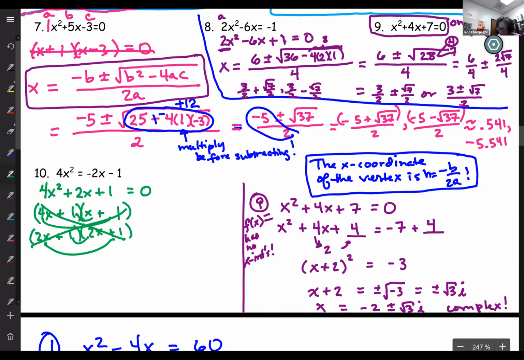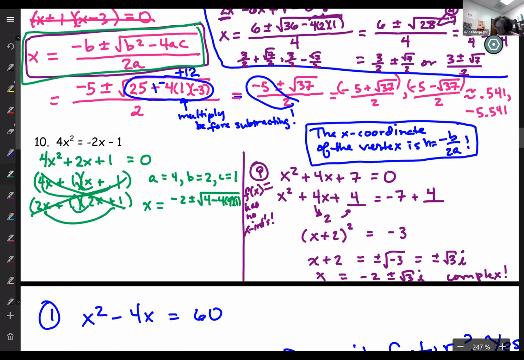So quadratic formula, we've got a equals 4, b equals 2, c equals 1. Here's our quadratic formula. So x equals -2 plus or minus the big square root of 2 squared, which is 4, minus 4 times a times c, all over 2 times a, which is going to be 8. A little crowded there.